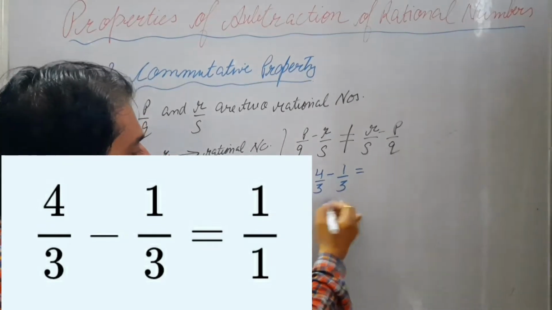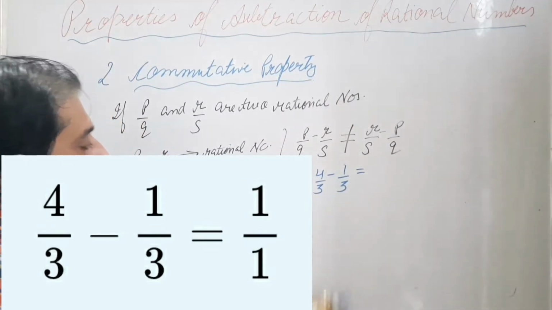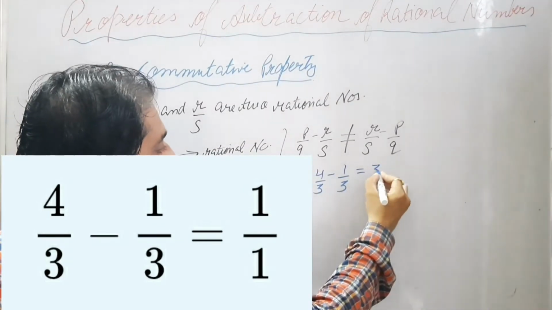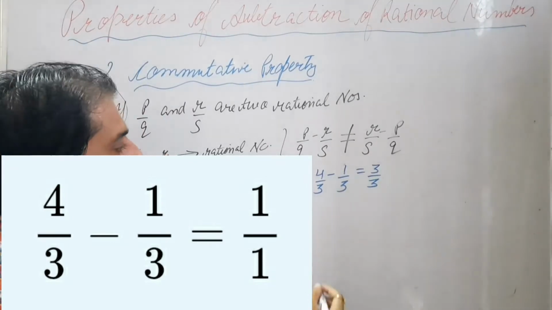By taking the LCM, as you know, first take the LCM and then solve it, you will get 3 upon 3.